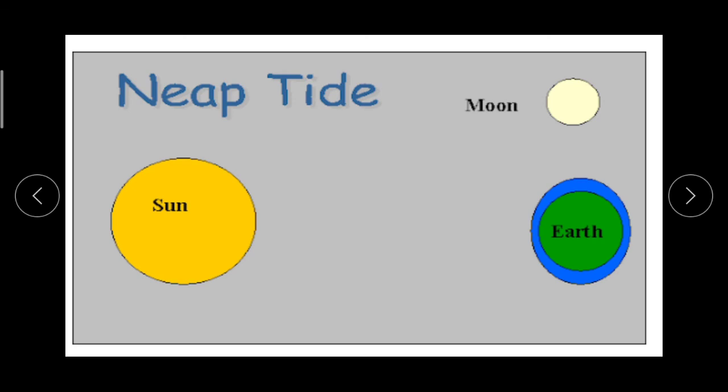On both these days, the forces of both the sun and the moon operate at right angles on the earth. If you observe this figure carefully, you can understand the position of the sun, the moon, and the earth. By this you can understand the neap tide.